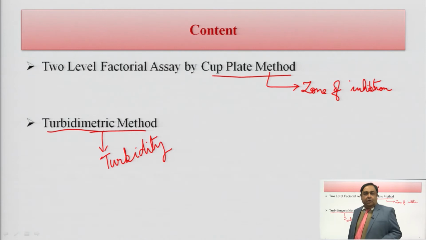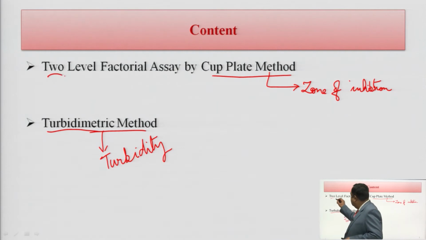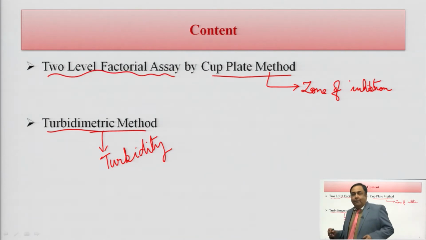Then in the previous class we have discussed in detail the one level factorial assay. In today's class we will be continuing with what we are calling the two level factorial assay.